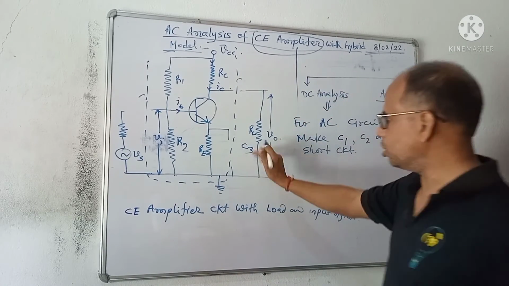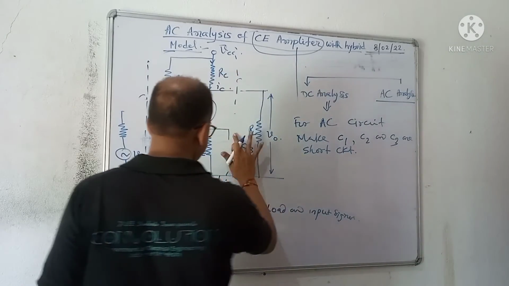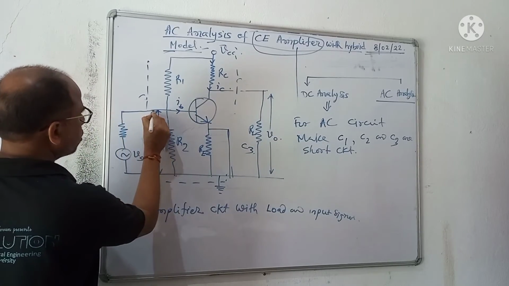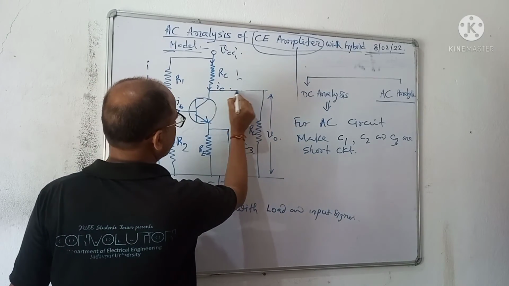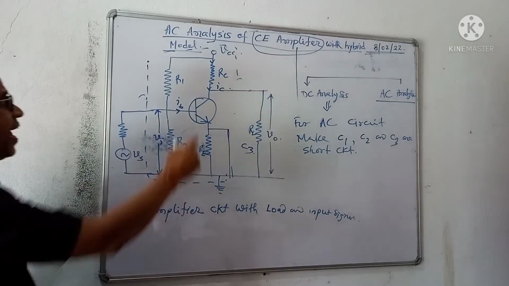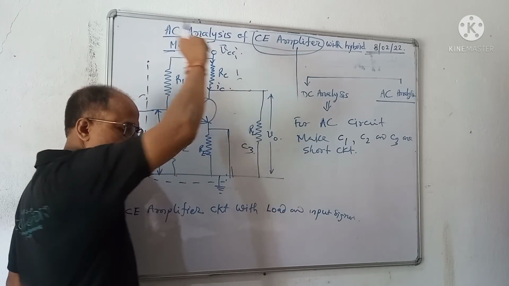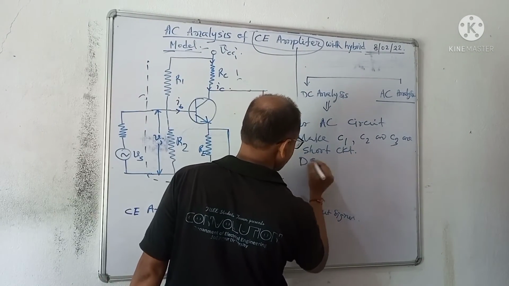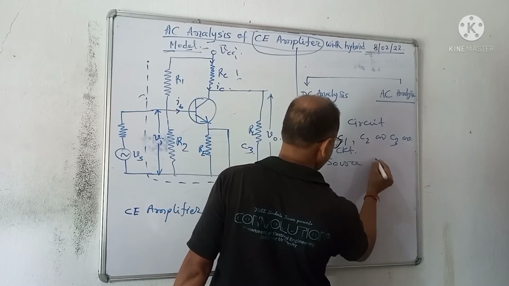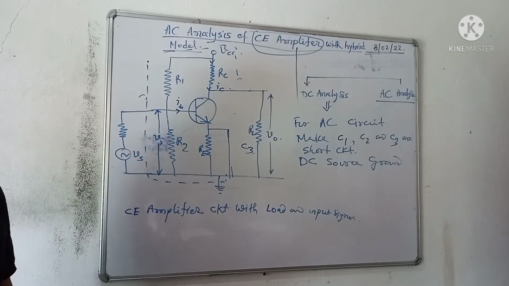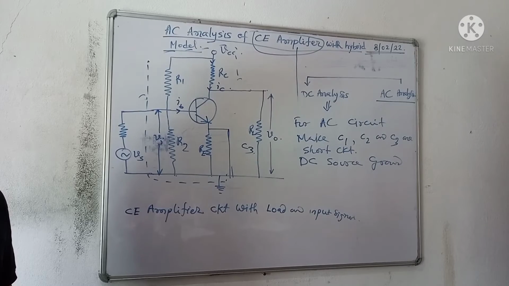Okay? So this is short and this is short. Next, make the DC source grounded, because any DC source involves a capacitor, and through that capacitor the AC will be grounded.